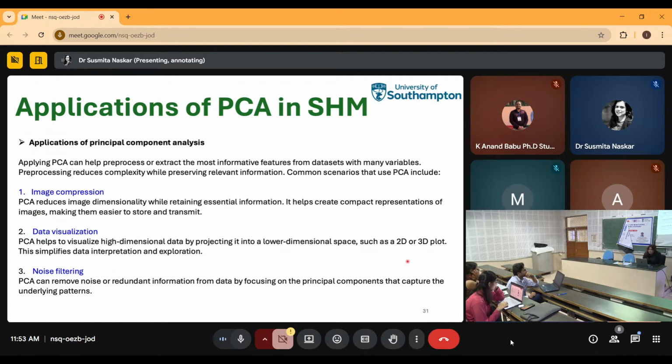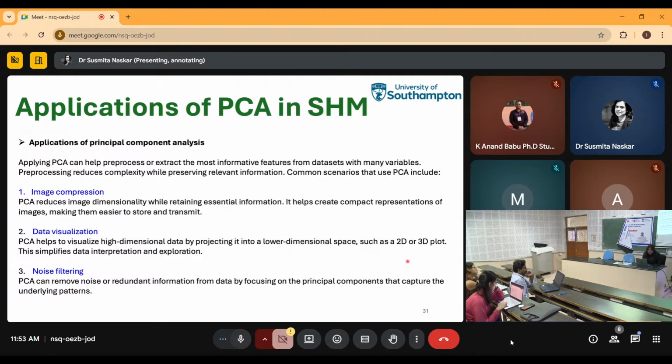So our vibration data, strain analysis, accelerometer datasets are very high dimensional, right? They are very, very noisy. That's the reason we use PCA as pre-processing for downstream clustering or classification, and then it becomes quite simple and quite robust. The first place where we use it is image compression. PCA methods find a compact basis of images.